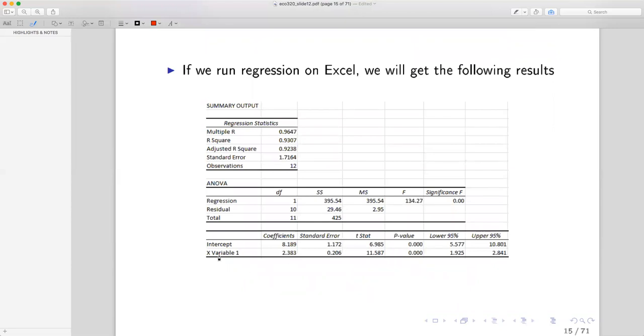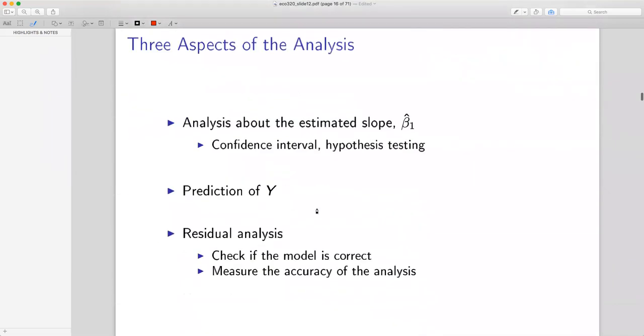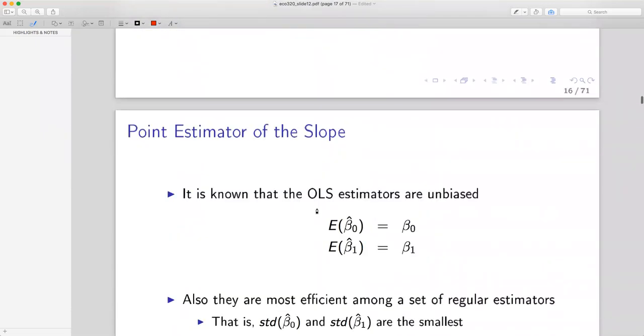For your final project, you're going to have more than one variable, so discuss those as well. Discuss the F statistic, R squares, and your overall findings, whether the coefficients and signs make sense or not. Discuss in detail, okay?